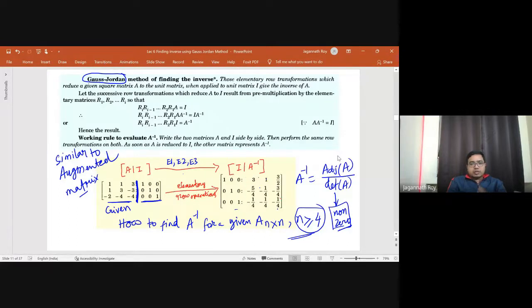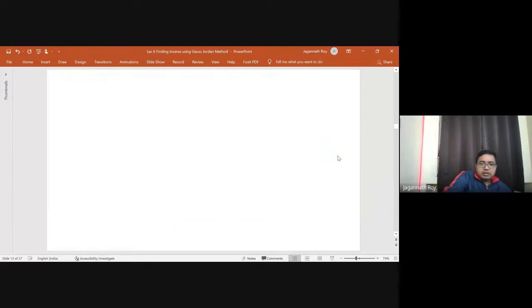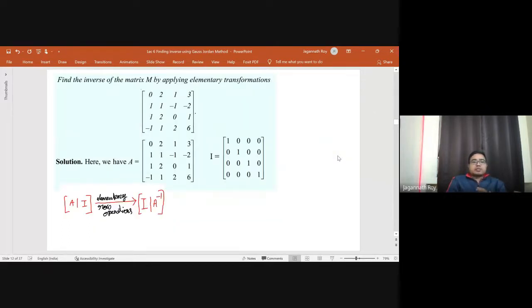Now the same thing can be done if you think about the augmented matrix. For example, the matrix A is given, and you take only one column, 1, 0, 0, 0, and find the solution. On the left hand side you get I, and then you get some values.